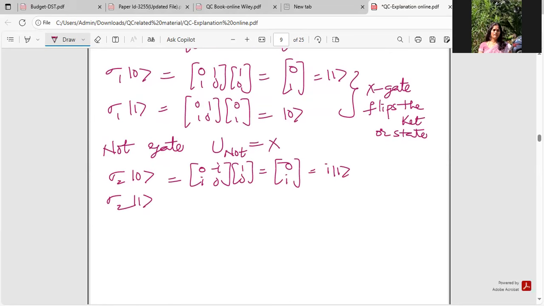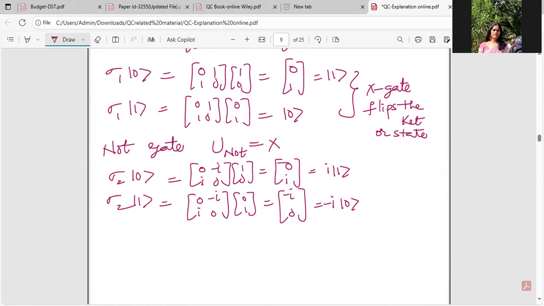Similarly, 0 minus i, i 0 on 0 1 gives minus i times ket 0. So if you are giving ket 0, I am getting ket 1 only, but with a phase shift. Similarly, if I am giving ket 1, I am getting ket 0 with a phase shift.